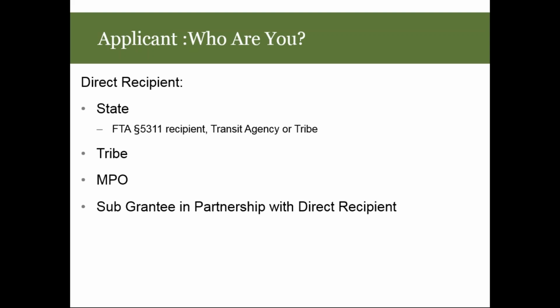Direct recipients can apply, and subgrantees in partnership with a direct recipient can apply. So if you're an MPO and there's a transit agency, you can apply through the MPO to get your money. If you're a 5311 recipient and you want to go into the electric world, talk to your state operator or your state program, and they will work with you to do that.